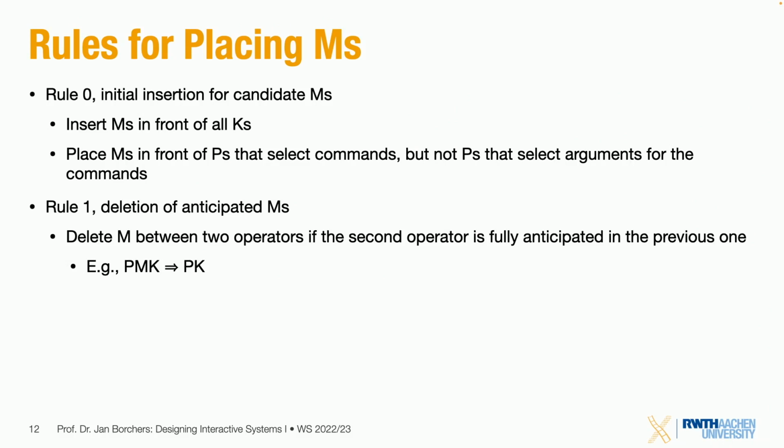So while I do still need the mental operator in front of the P, if I'm selecting a command, I would remove the one that's in front of the clicking of the mouse button, because that is fully anticipated. Meaning that in practice, pointing to a menu and clicking on it is one continuous thing. So, this example here, point and click: if I'm selecting a menu, for example, or an object, you would remove the mental operator between the point and the click.